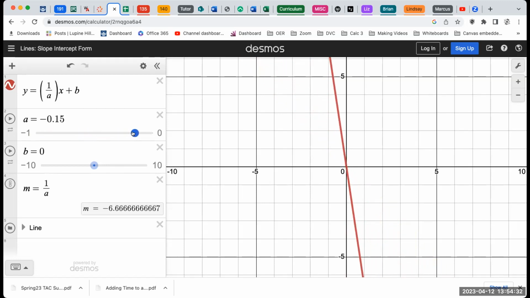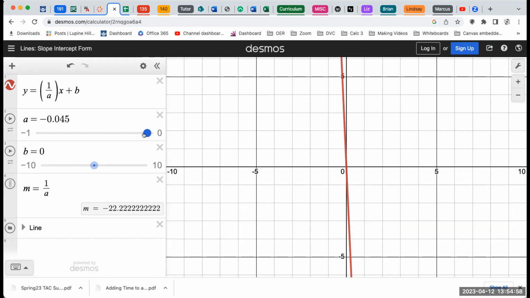Is it getting bigger? It's getting bigger, but in the negative version, right? So it's getting more negative. Yes, so that matters because as you approach 0 from the right, this denominator is getting smaller, but from positive values. So the slope blows up in the positive direction.